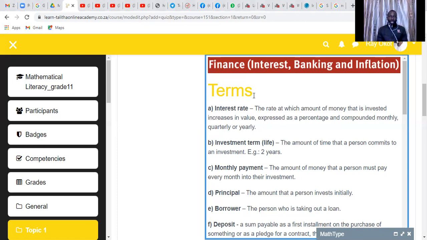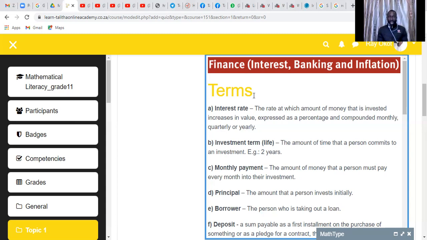What is interest rate? Now, the rate at which an amount of money that is invested increases in value is what we call interest rate. So you think of getting some money or having some money and investing it. You could be buying shares in a company, or someone possibly borrowed some money from you, or you possibly kept it in a bank account.